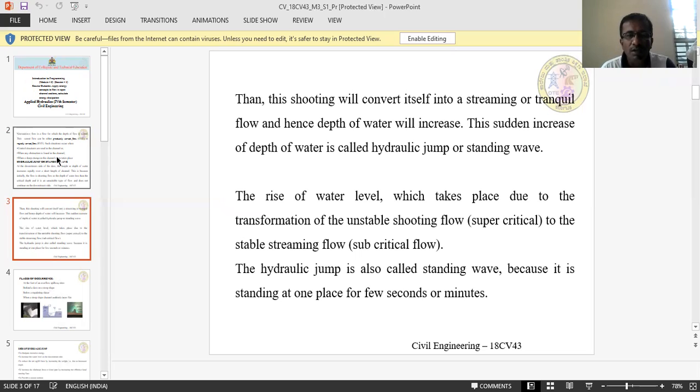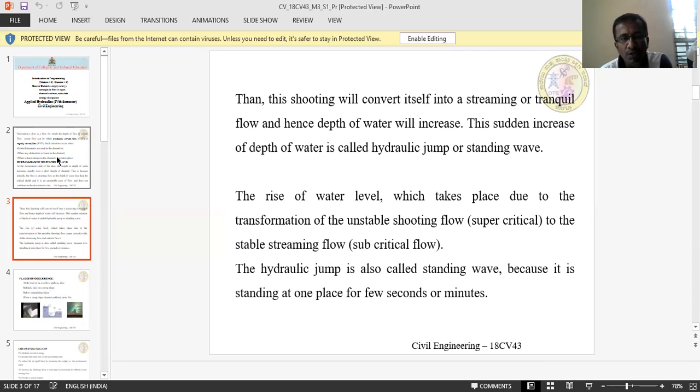The rise of water level takes place due to the transformation of unstable shooting flow, which is called supercritical flow. Supercritical flow is identified using the Froude number, F equals V by root g y, where V is the velocity of flow, g is the acceleration due to gravity, and y is the depth of flow.